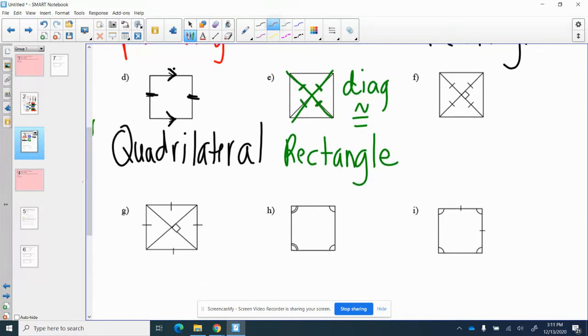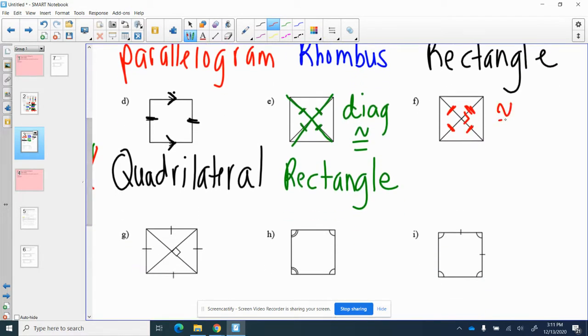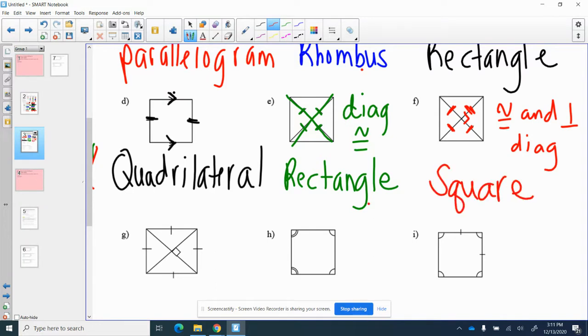All right, on the next one, not only are the diagonals congruent, like in letter E, but we also have perpendicular diagonals, like letter B. So because the diagonals are congruent and perpendicular, it has properties of both a rhombus and a rectangle, and this could be specifically called a square.